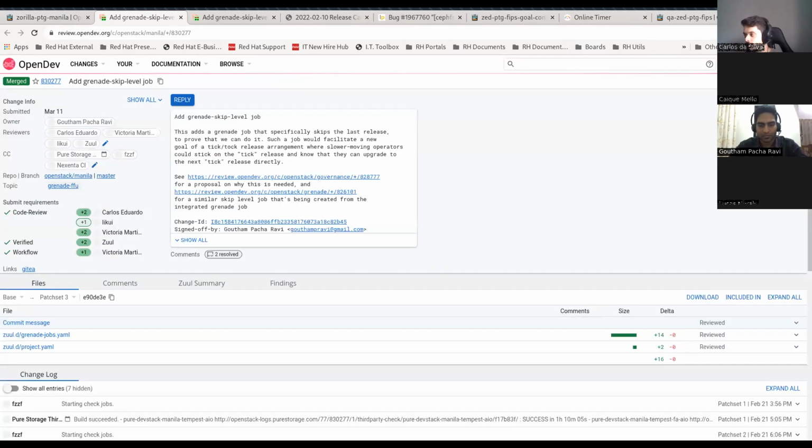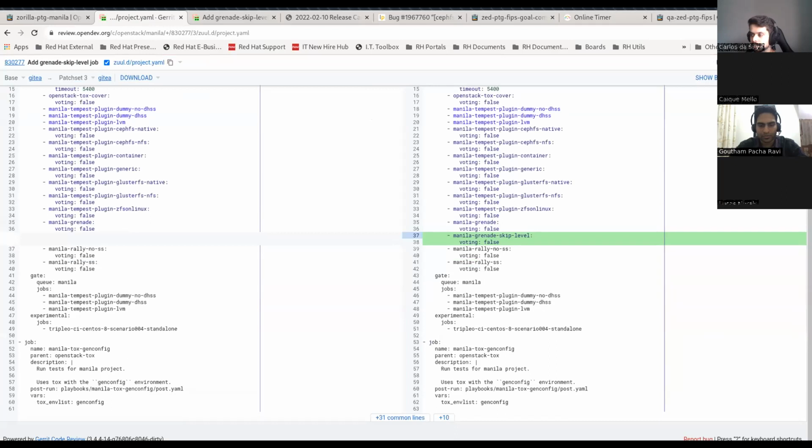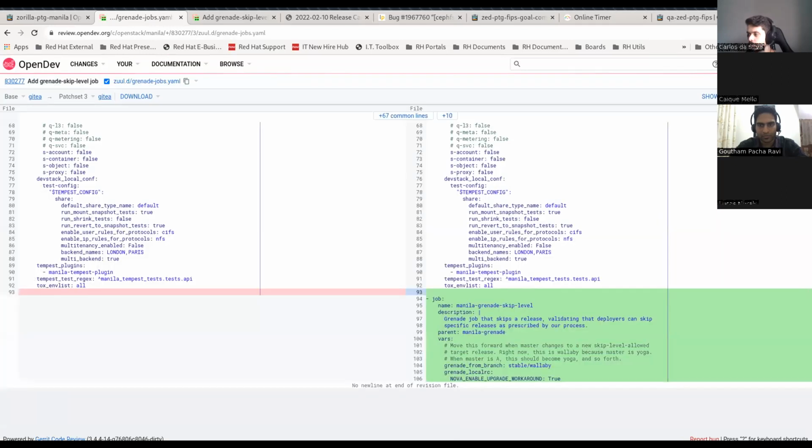And then it started by testing a first scenario, which would be from stable Wallaby to, at the moment we merged this, the master branch, which was Yoga.